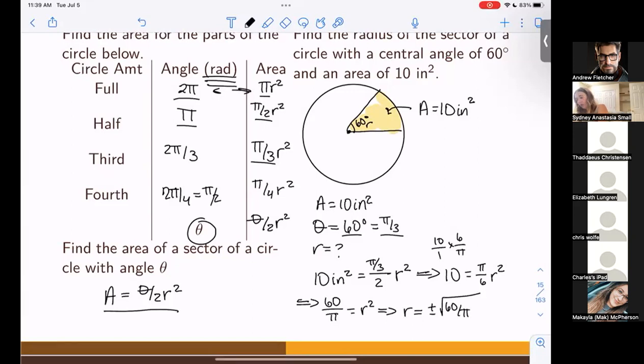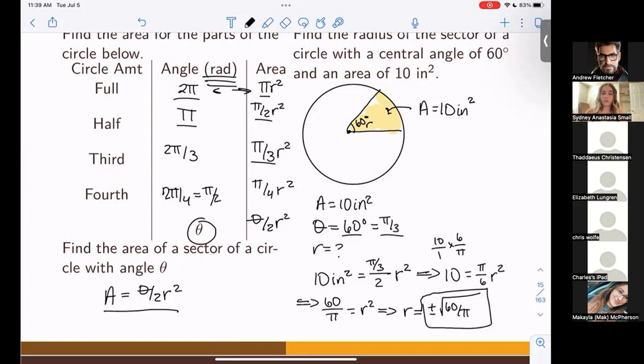You can plug this into your calculator. I'm not going to right now. I think it's okay as is, but this will be your answer. However, I only put the plus or minus there because when you're taking the square root, you should always intuitively do that, because there will always be two answers. However, we're talking about a tangible circle with a tangible radius, and it just does not make sense for a radius to be negative.